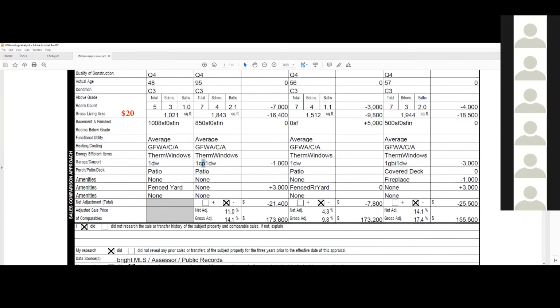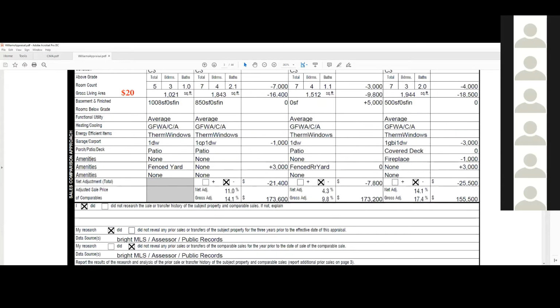So one carport, CP, and one driveway. So as you can see, he even gave a credit for the carport. It's not a garage. Okay, one driveway, one garage, and one driveway. So it has one garage and they gave only $3,000 credit.